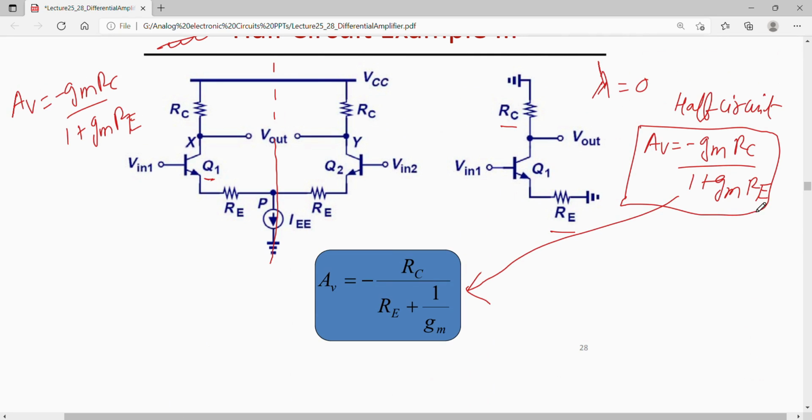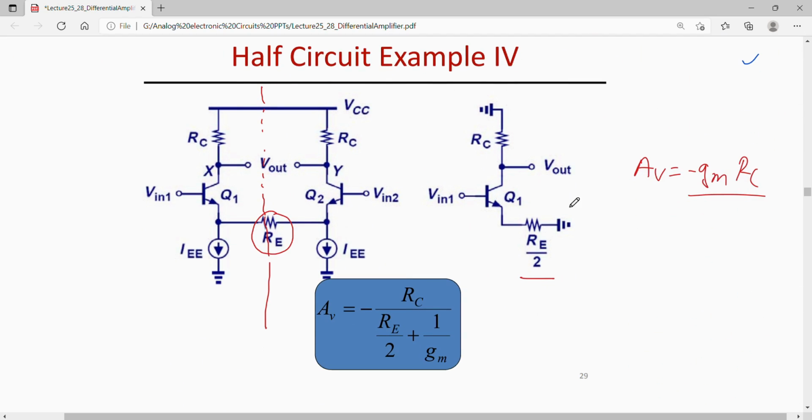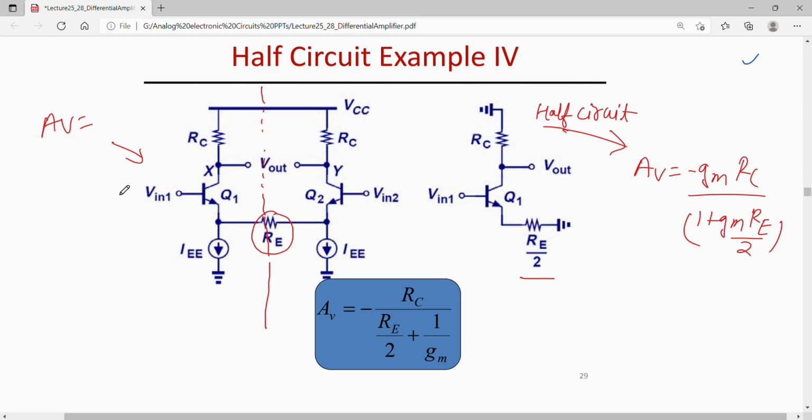So the gain will be simply minus GMRC by 1 plus GMRE by 2, common emitter amplifier configuration with emitter degeneration resistance, which is the gain of this half circuit. And this gain is equal to the gain of this complete differential pair, so both gains are the same.